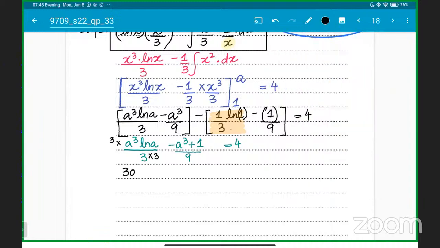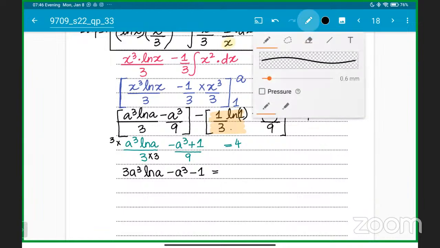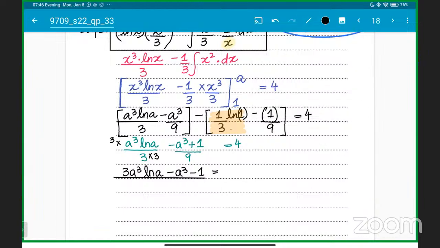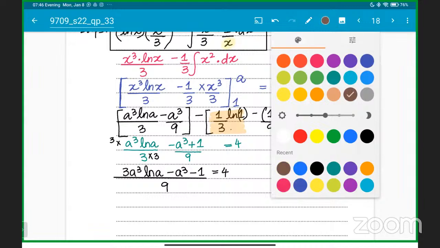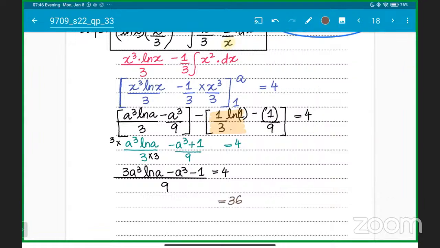So it will be 3a cube times ln a minus a cube plus 1, is equal to, and over 3 threes are 9, this is 9 LCM and 4, so 4 nines are 36.